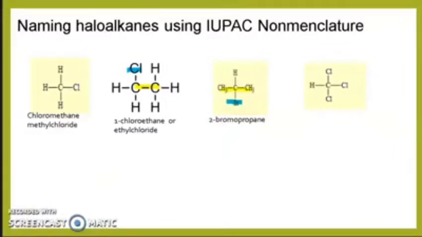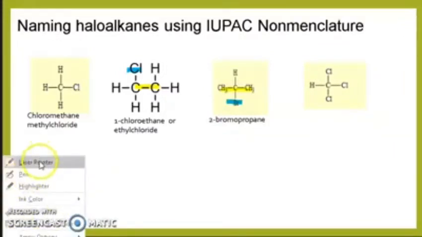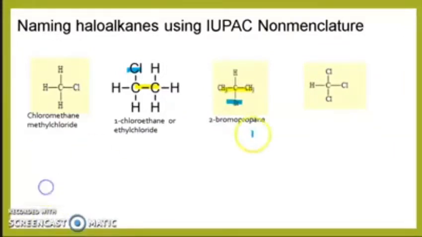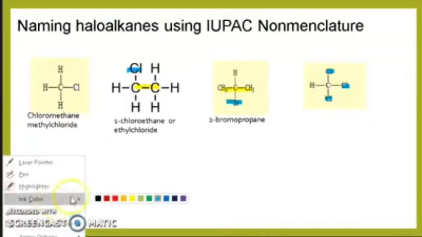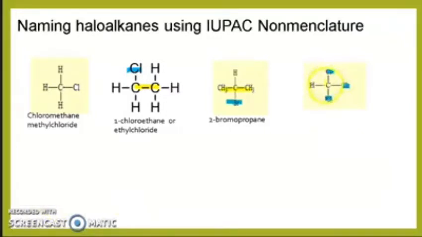In the fourth example, we have 3 branches which are of the chlorine kind, and then we have only 1 carbon as the main chain, and therefore the name will end in methane. As we know, we have to use the prefix tri because we have 3 chlorine atoms.